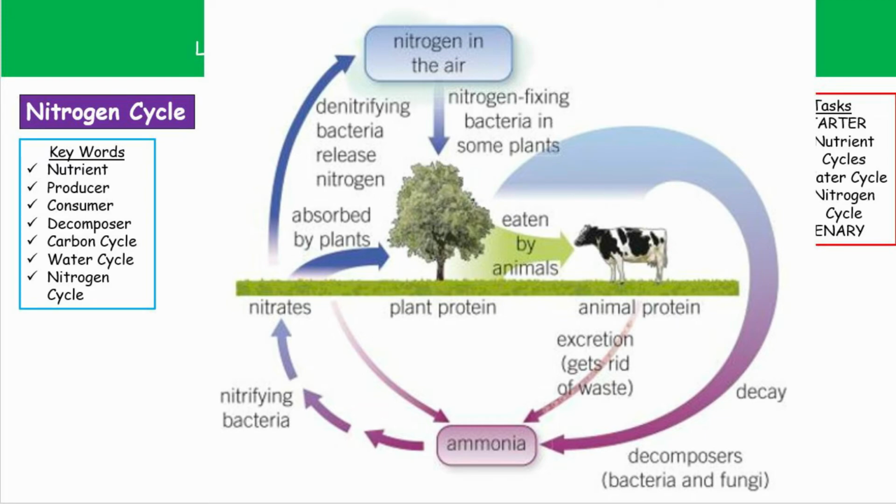The ammonia is then taken in by the nitrifying bacteria and converted into nitrates, and those nitrates can then be absorbed by the plants again. There's one other type of bacteria in this cycle, which is the denitrifying bacteria, and their purpose is to release nitrogen back into the atmosphere. So they convert the nitrates into nitrogen, and then round and round we go again.